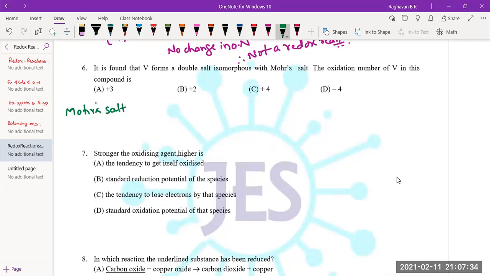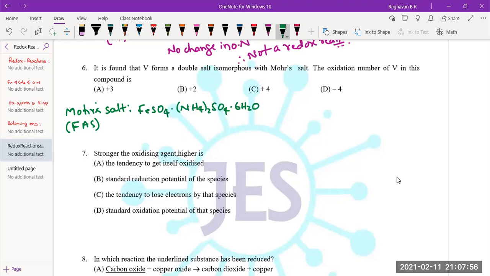Mohr salt is nothing but FeSO4, ferrous ammonium sulfate, means ferrous sulfate, ammonium sulfate, and 6H2O. This is Mohr salt.